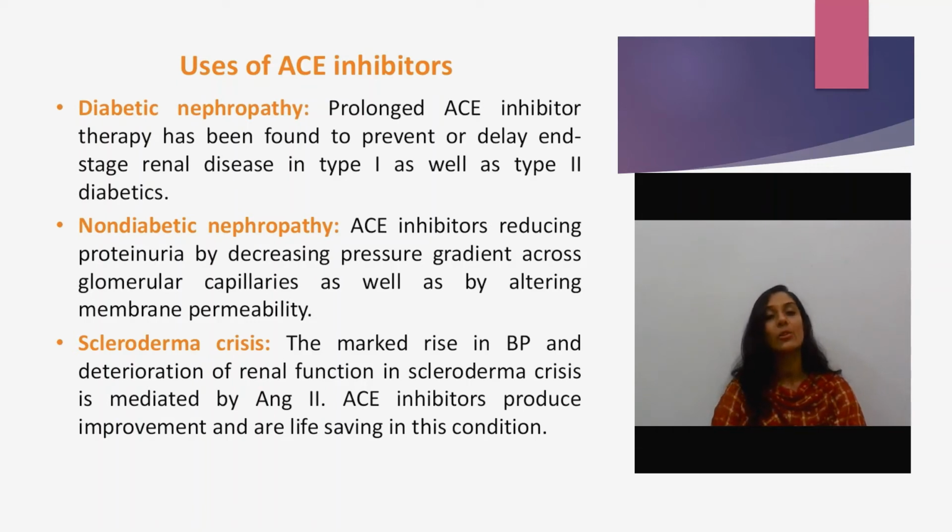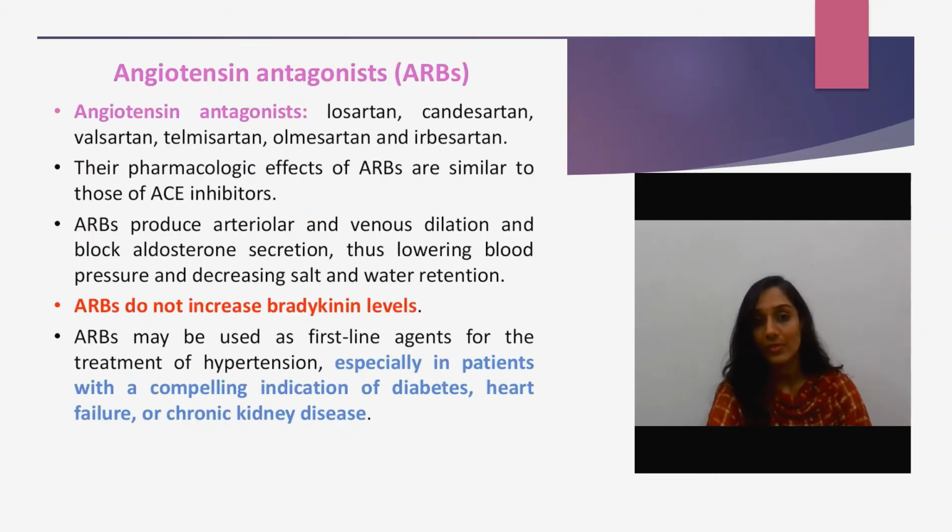In non-diabetic nephropathy, ACE inhibitors reduce proteinuria by decreasing pressure gradient across glomerular capillaries as well as by altering membrane permeability. Then in scleroderma crisis, the marked rise in blood pressure and deterioration of renal function is mediated by angiotensin 2. ACE inhibitors produce improvement and are life-saving in this condition.